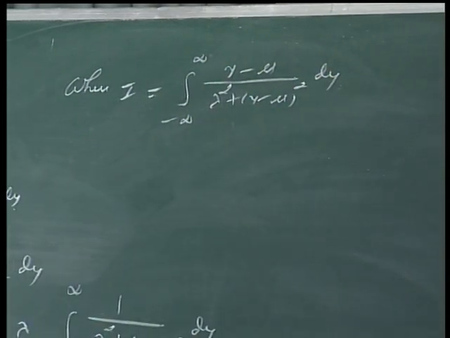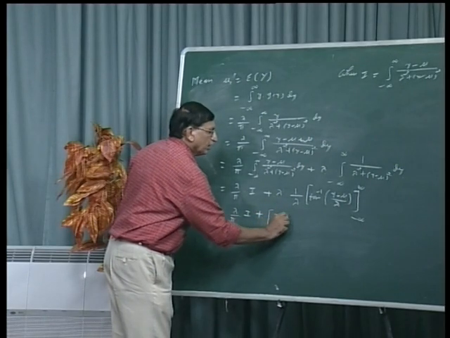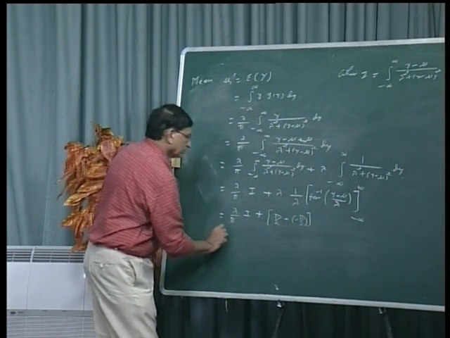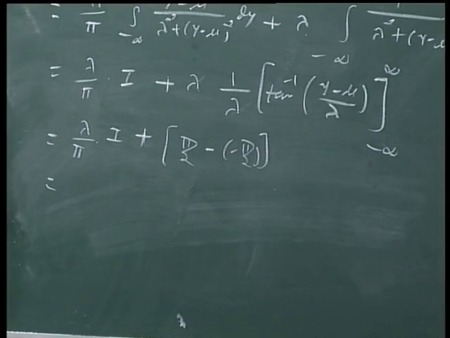So this is lambda upon pi into I plus, this lambda is cancelled, and tan inverse infinity is pi by 2 and tan inverse minus infinity is minus pi by 2.